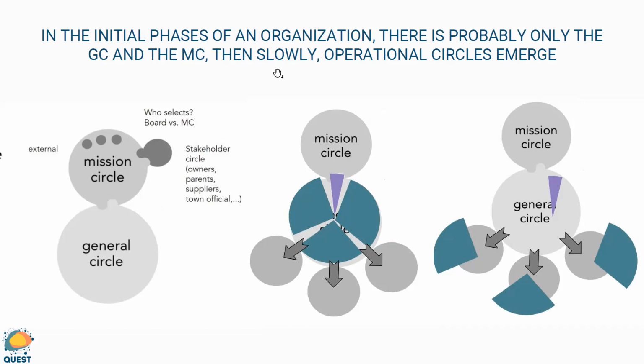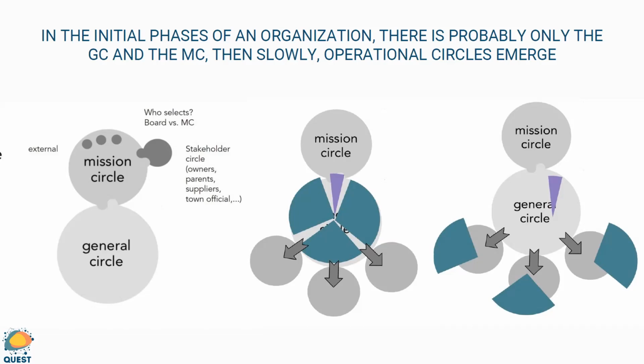And then at some point, a division will be done, because some person would just take care of some aspects and some other aspects. And in this way, we create the operational circles, keeping in mind that for the first years, the general circle would still do the tasks that are left over, the tasks that no operational circle is taking care of.